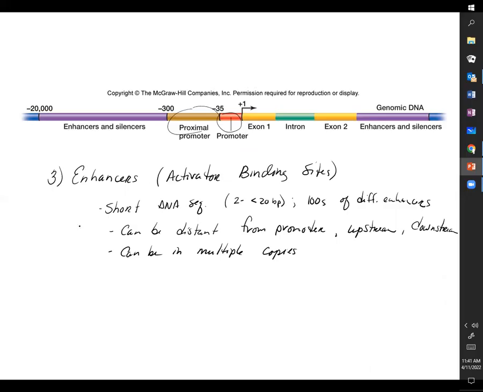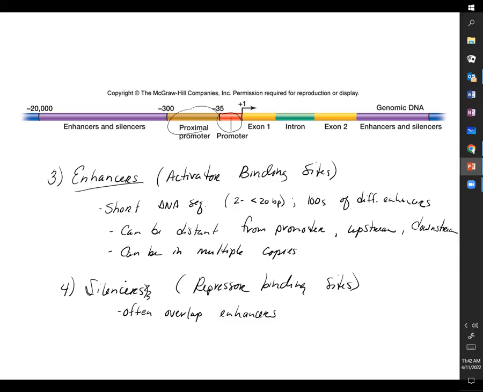So these are activator binding sites, enhancers. The counterpoint to the enhancers, which often overlap the enhancers, are called silencers. You can think about these as repressor binding sites. They have the same characteristics as enhancers, and they often overlap enhancers.